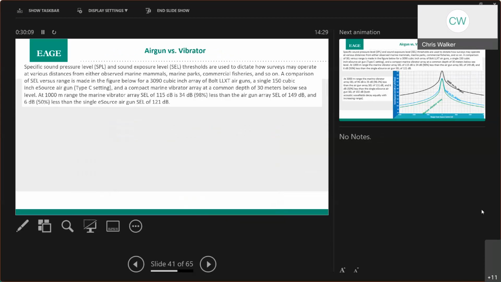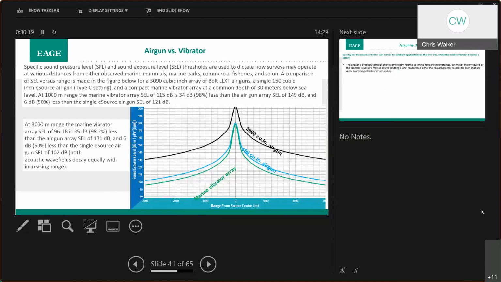So the sound pressure level and the sound exposure level are used to dictate how surveys may operate. And so in this next slide that's coming up, we see the sound pressure level of a 3090 cubic inch airgun array compared to a 150 cubic inch airgun array, which is actually very comparable to the marine vibrator output.